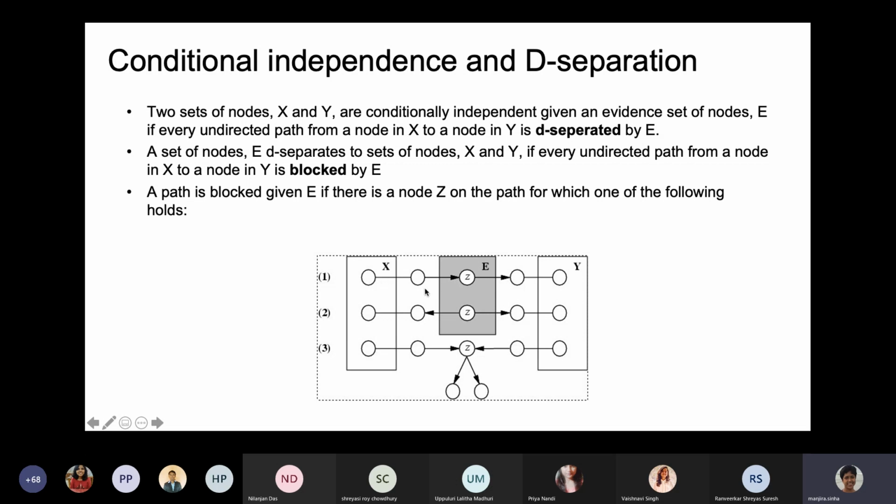In this one, X is the ancestor of Y. In this one, Z has two different paths in two directions towards X and Y. And in this condition, X and Y are both coming to Z, and then Z is fanning out to different parents. So in any of these conditions, E is d-separating X and Y, or E is blocking the X and Y pathway.